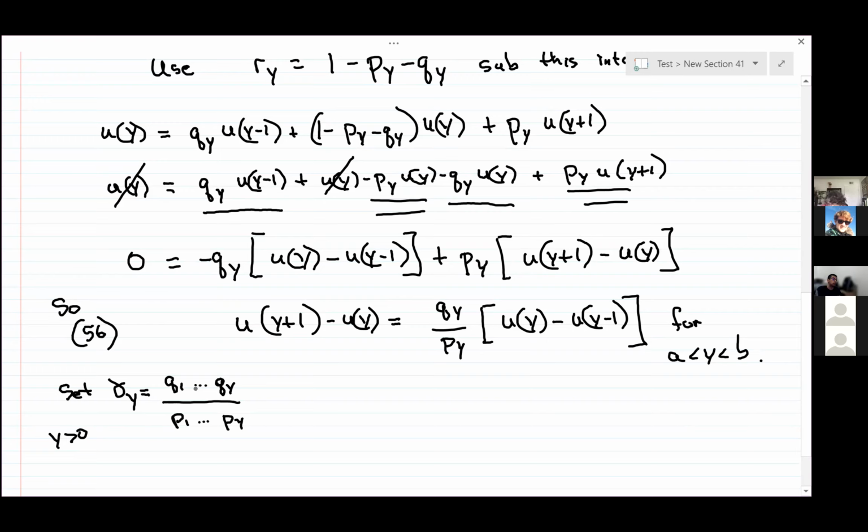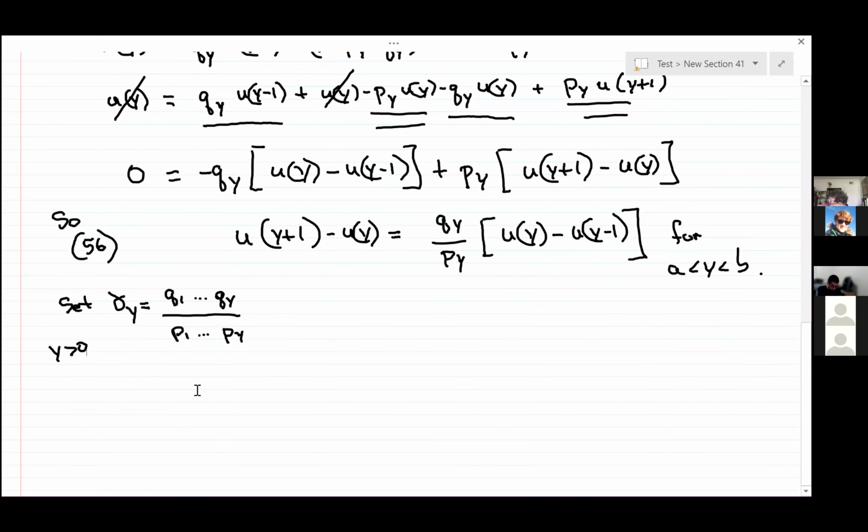All right, so if you do that, you can rewrite this equation as follows. So this becomes u of y plus 1 minus u of y. And instead of writing it like this, you can write this portion as gamma y divided by gamma y plus 1. Oops, gamma y minus 1. And then the rest is still the same.